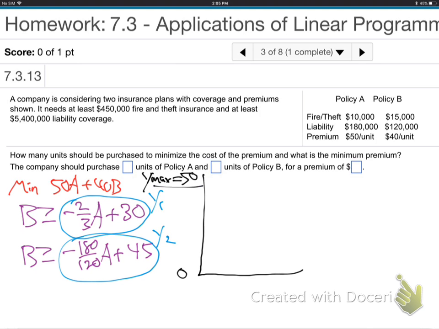And my x is still going 0 to 50 as well. So my x max and y max are both 50. I've got a nice little graph. I'm getting something that looks sort of like that and sort of like that.